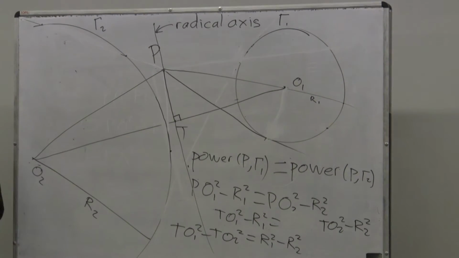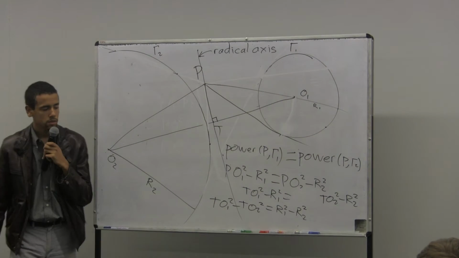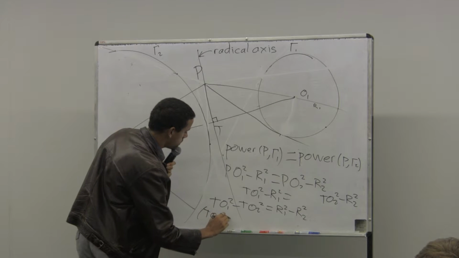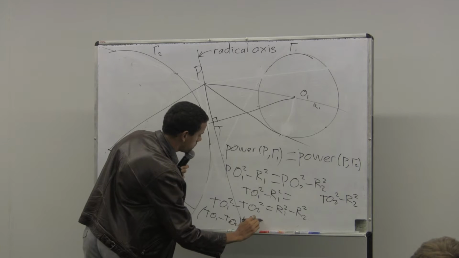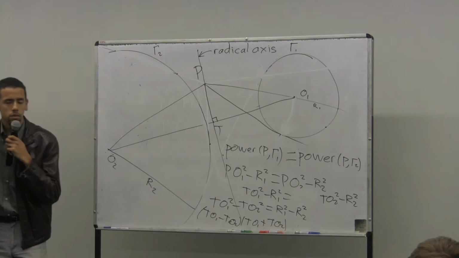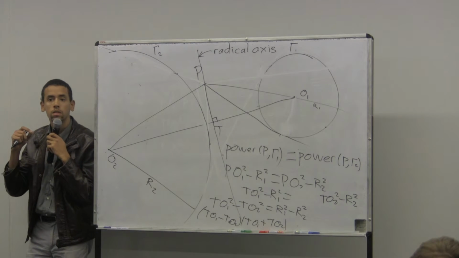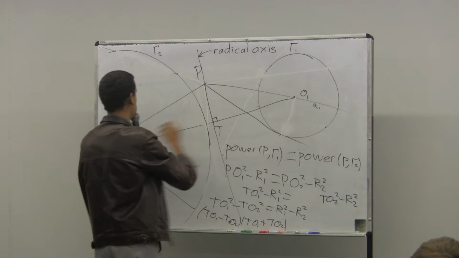And when you have a square minus another square, what do you do? Factorize, the difference of squares. So (TO1 minus TO2) times (TO1 plus TO2). What's TO1 plus TO2? It's just O1O2.